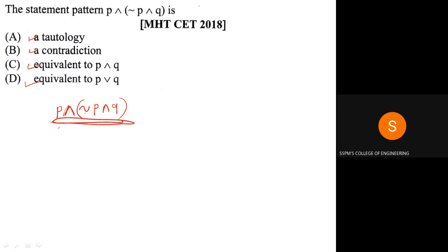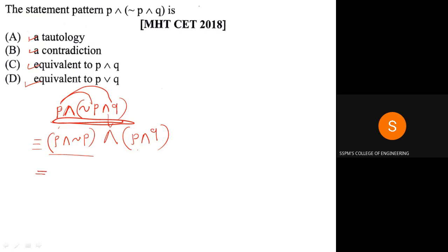First bracket we can put P and negation of P, and then P and Q. So first we will take this, and then we go for Q. P and negation of P in the first bracket, and then this comes here, P and Q.